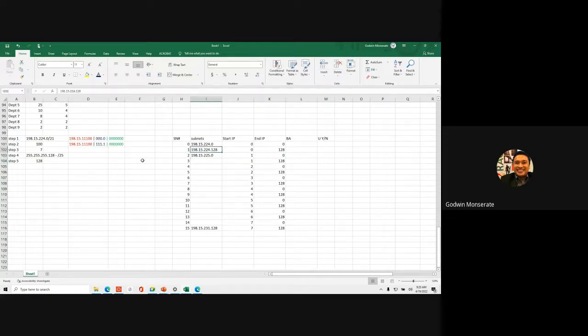So, let's turn it into a formula. Let's copy this, paste, then equals until 225. Okay, ampersand. It should increment by copy and paste.